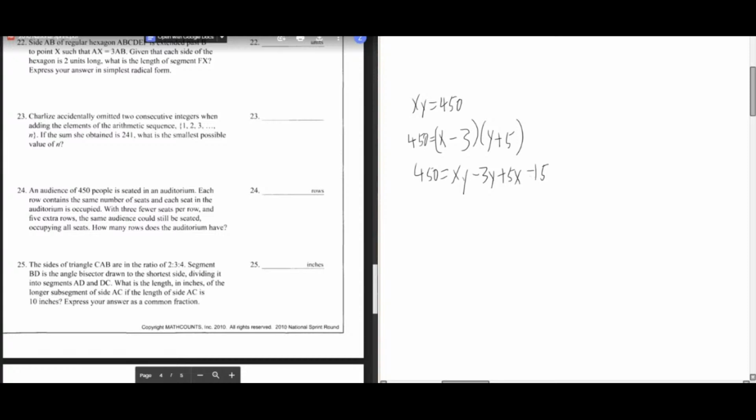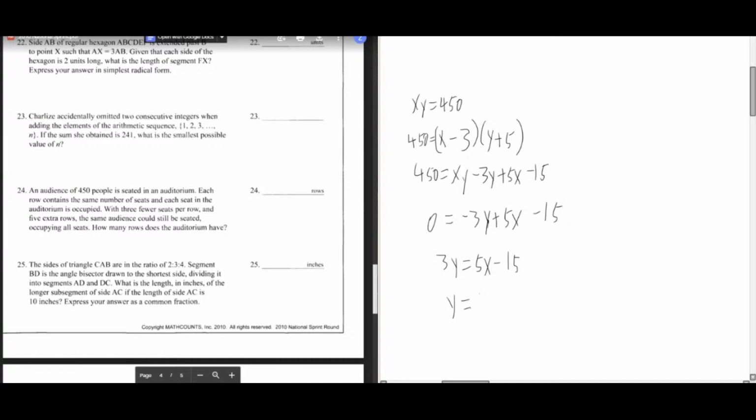Since xy is 450, you can plug 450 in here. These two will cancel out, so you get 0 equals negative 3y plus 5x minus 15. So 3y equals 5x minus 15.